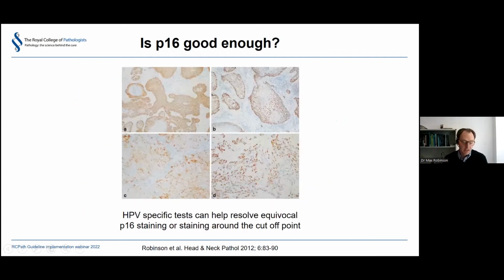P16 positivity is defined as moderate to intense nuclear and cytoplasmic staining in 70% or more of the malignant cells.